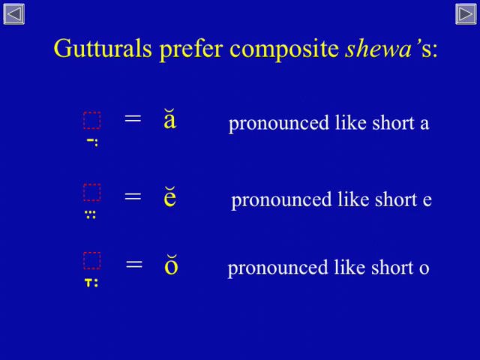So the first composite schwa is pronounced like ah. The second composite schwa, the one with the segol, is pronounced eh. And the third composite schwa written with a kametz chatuf is pronounced oh.